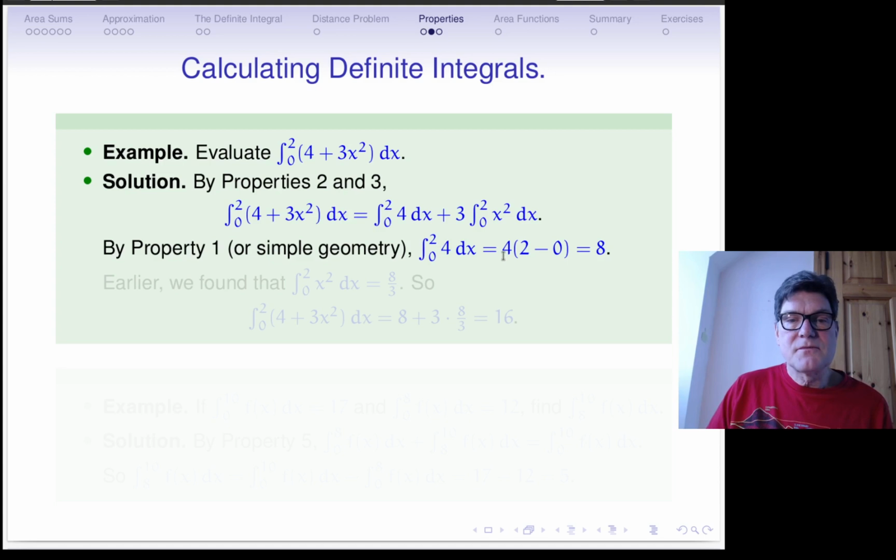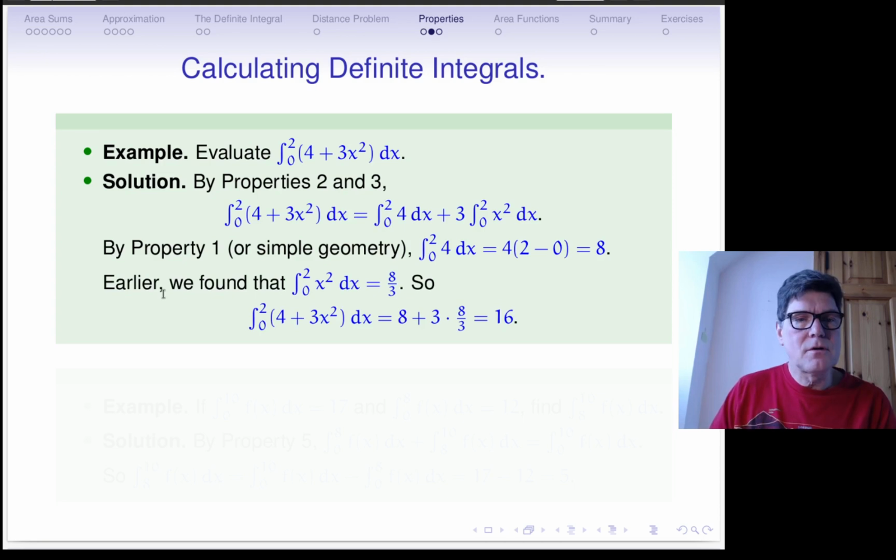This gives 4 times 2 minus 0, gives 8 as the value of this integral. And if you recall the previous video where we found the integral from 0 to 2 of x squared dx to be 8/3, we can now put them together to find the value of the integral in question is 8 plus 3 times the 8/3, which is 16.